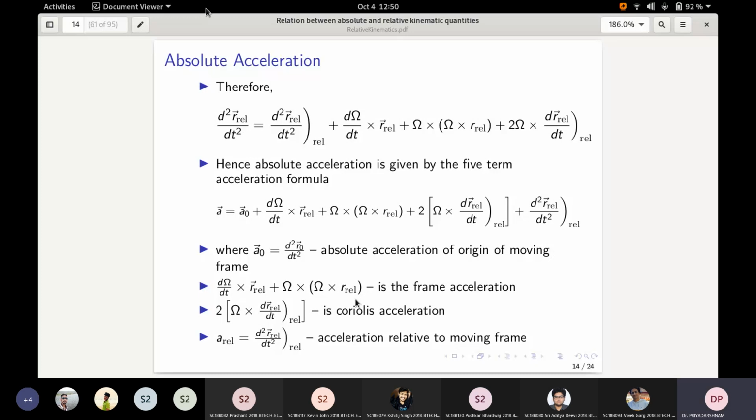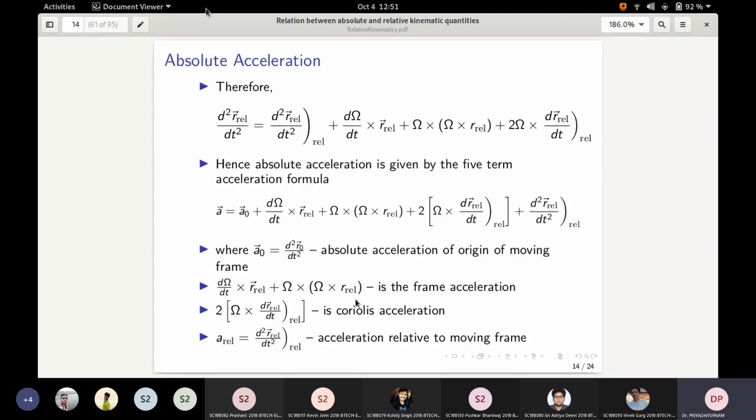Since the frame associated with us, typically the northeast up or northeast down or southeast up, southeast down frame, is rotating with respect to the Earth, and the spacecraft or launch vehicle or anything is also moving with respect to the surface of the Earth, the frame as well as the object is moving. So this is how the object's acceleration will be felt.